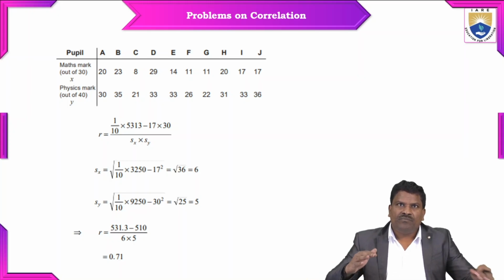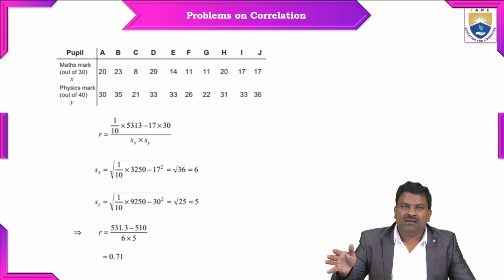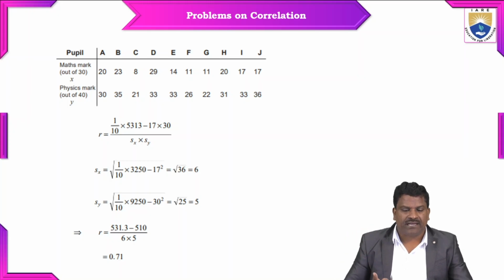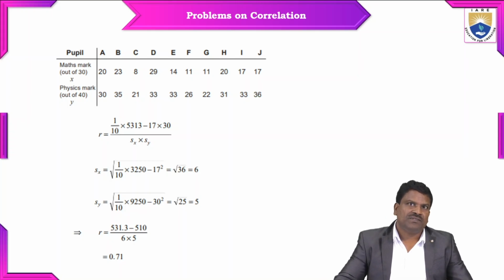Now we are comparing their maths marks with physics marks. How well they did in maths, how well they did in physics, their performance in maths and physics, we are comparing here by finding their rank correlation.